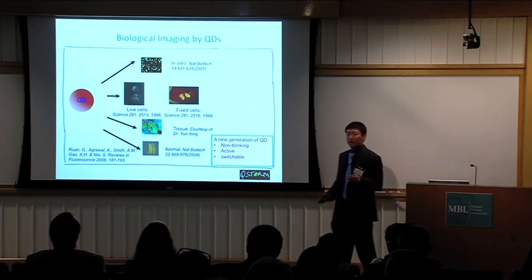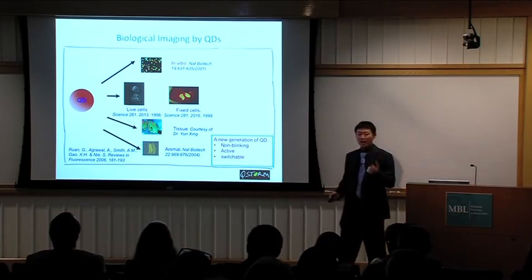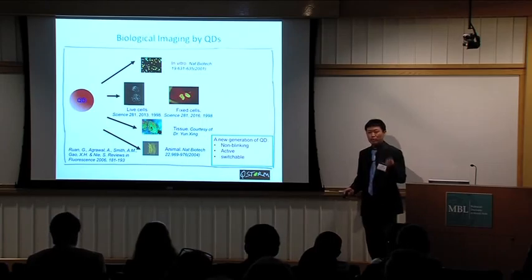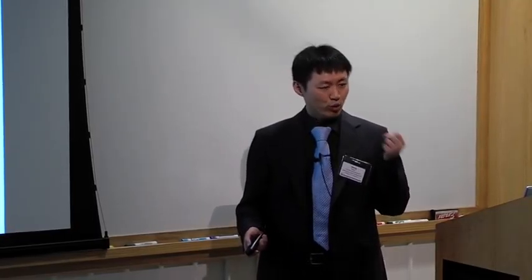However, I want to point out that quantum dots have limitations compared with fluorescent dyes and fluorescent proteins, mainly because quantum dots are much bigger than fluorescent proteins. For example, when you are trying to bind these quantum dots with your target, sometimes there is steric hindrance.